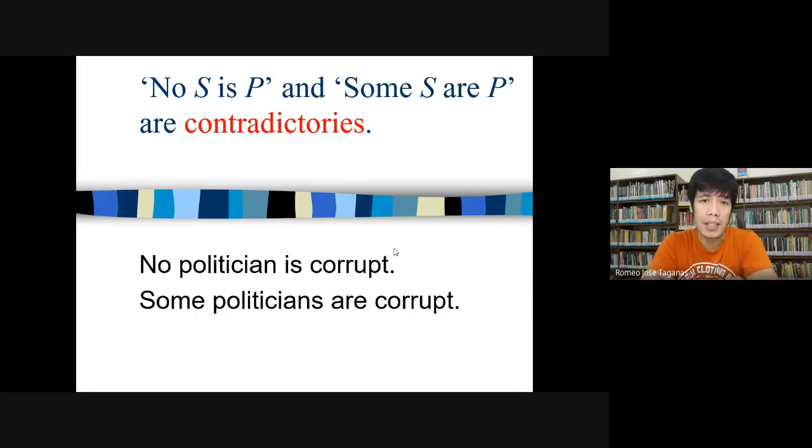What about the second example? Some politicians are corrupt. Easily, you will spot the word some, which means that the proposition is particular. So the quantity is particular. What about the quality? Can you spot the word no or not in the second example? Wala kang makikita. Kaya, easily, sasabihin natin, affirmative ang proposition na ito. Okay?